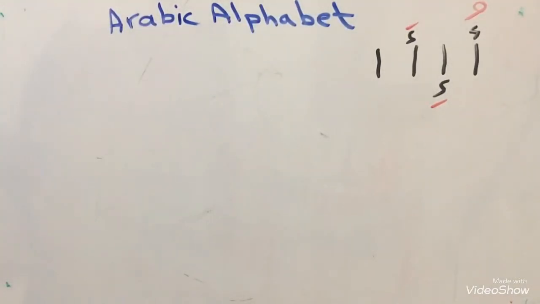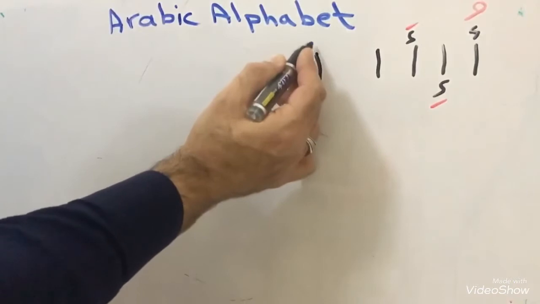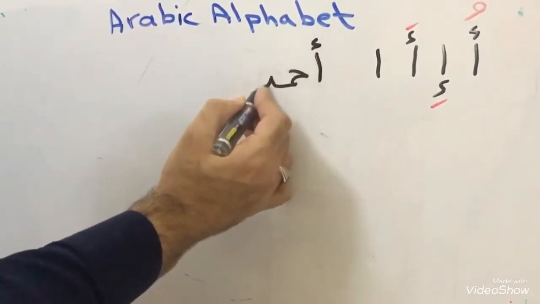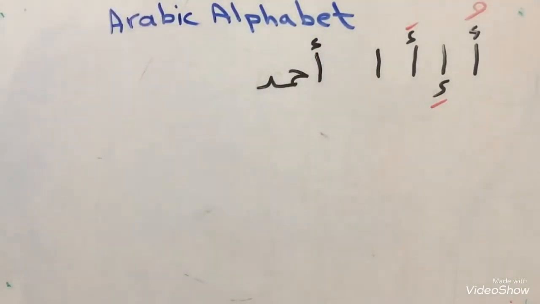If you want to give examples about Alif and how to join it with other letters, for example, we have Ahmed. Ahmed is a name of a man.